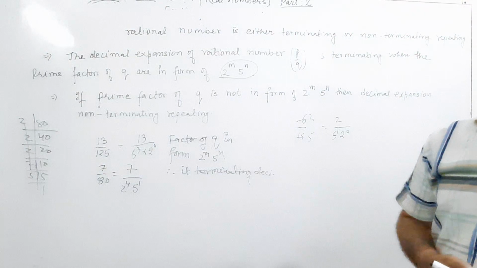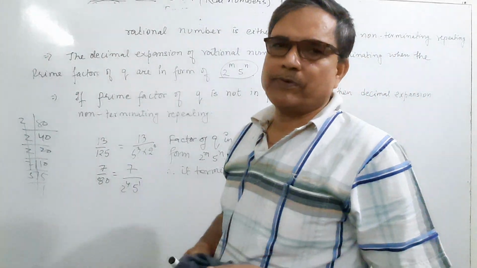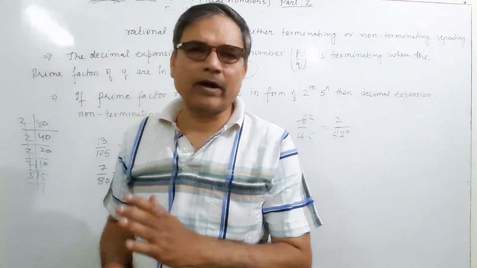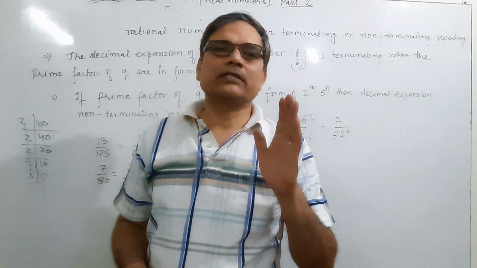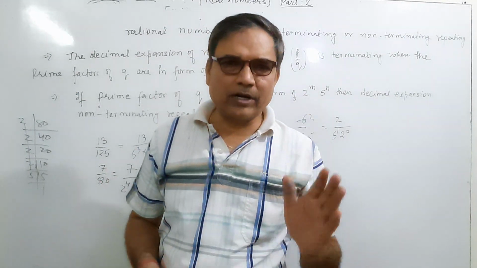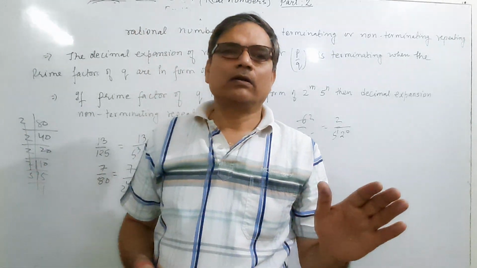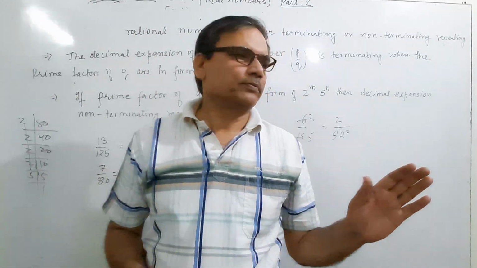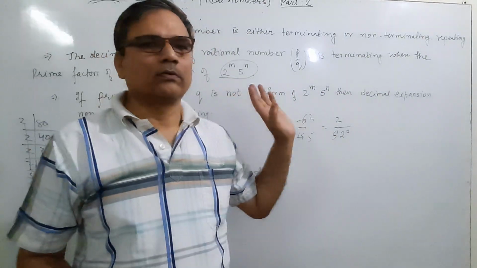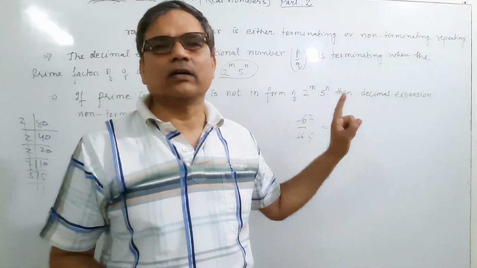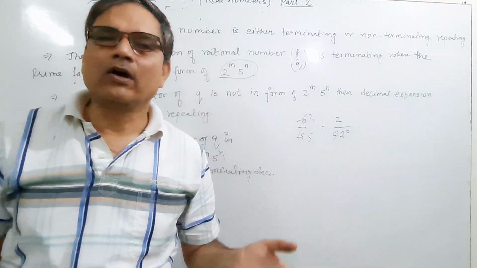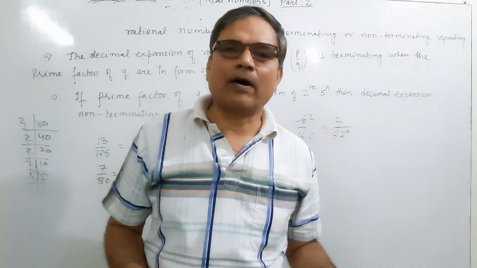That means it is also a terminating decimal expansion. We can determine whether the decimal expansion is terminating or non-terminating without a divisibility test, when the factors of Q are in the form of 2 power m or 5 power n.